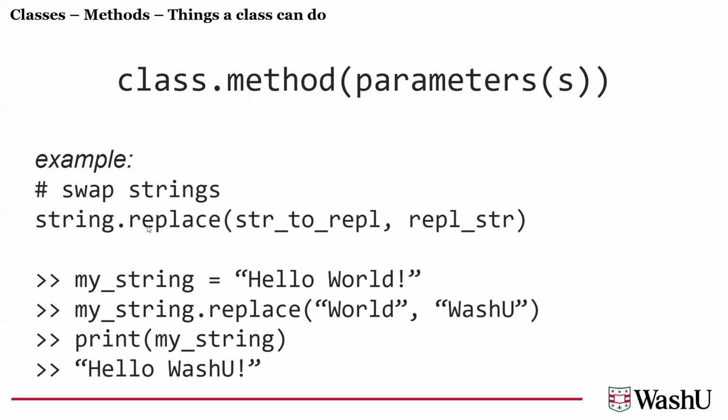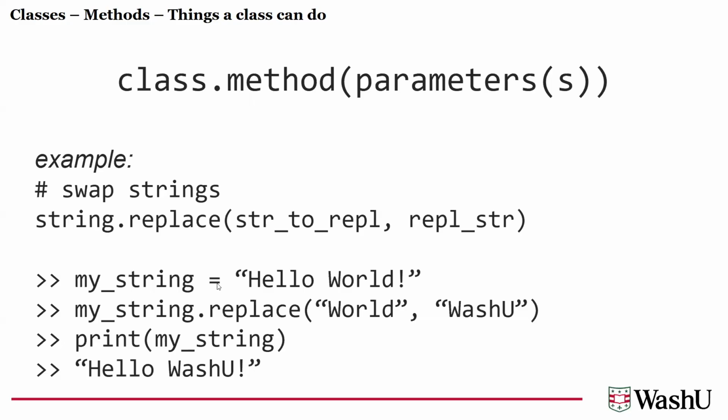So the syntax here would be the name of the string dot replace, open paren, and then two parameters, separated by a comma. The first parameter is going to be the string that you want to replace. And then the second parameter is going to be the string that you want to replace the string with.